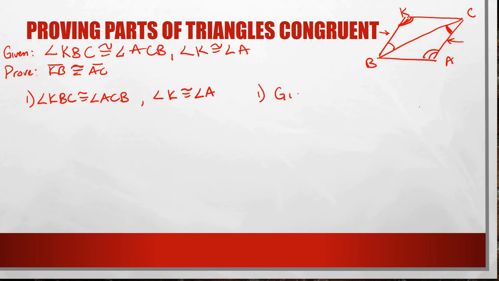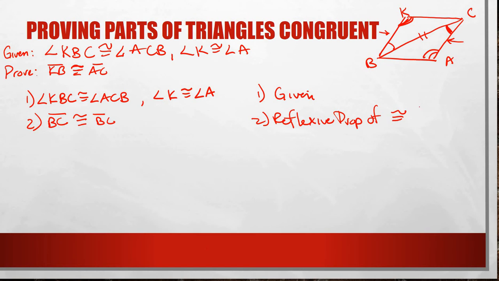So this is my given, and I want to prove these two triangles congruent before I prove that the sides are congruent. So I've got angle, angle, and if I can prove side, and hopefully you all recognize that BC is congruent to BC, and that's the reflexive property of congruence.